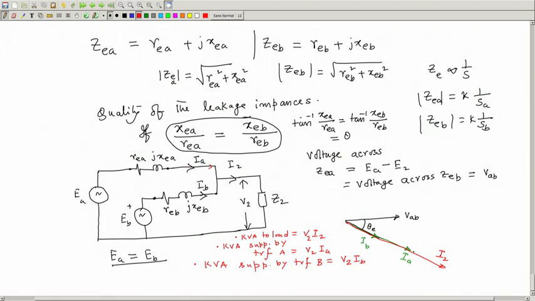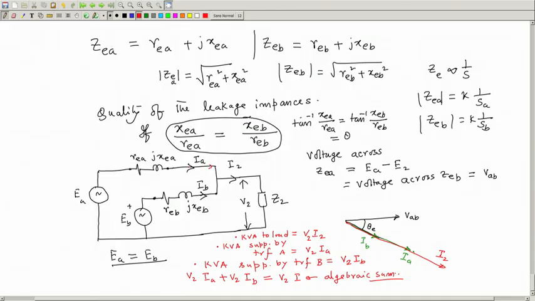If the qualities of the leakage impedances are the same, the algebraic sum of these two, V2 IA plus V2 IB, will be equal to V2 I, algebraic sum. That will be the case.